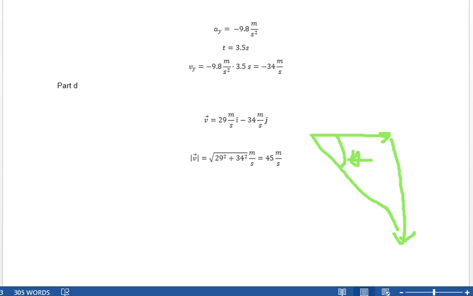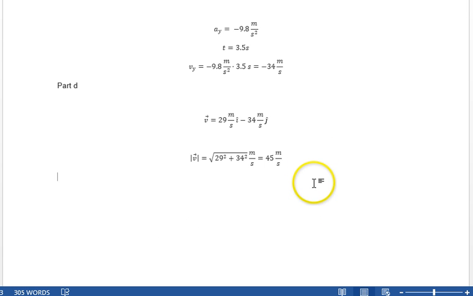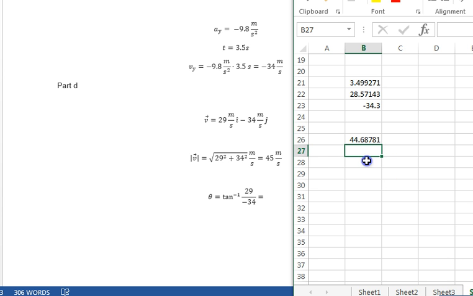And so we have theta equals the inverse tangent of 29 divided by minus 34.